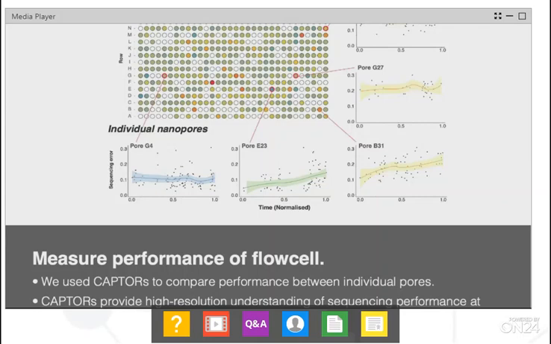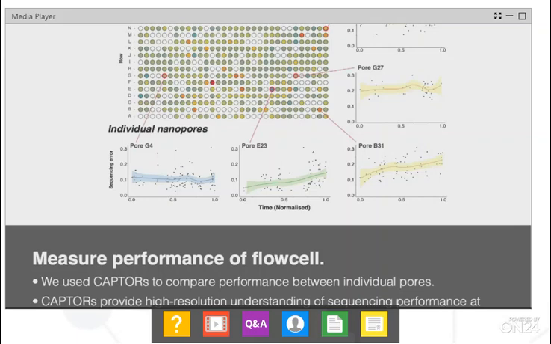And in those inserts along the bottom and side, you can see the performance of each individual read shown as a dot, and in each individual pore across the duration of the sequencing experiment. And this really demonstrates the granular resolution at which CAPTORs evaluate sequencing performance and provide unprecedented information at the read, the pore, and the flow cell level.